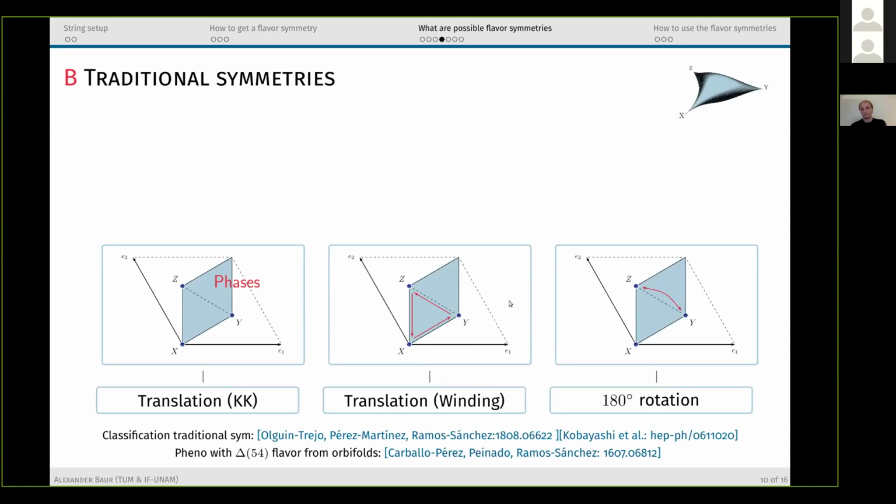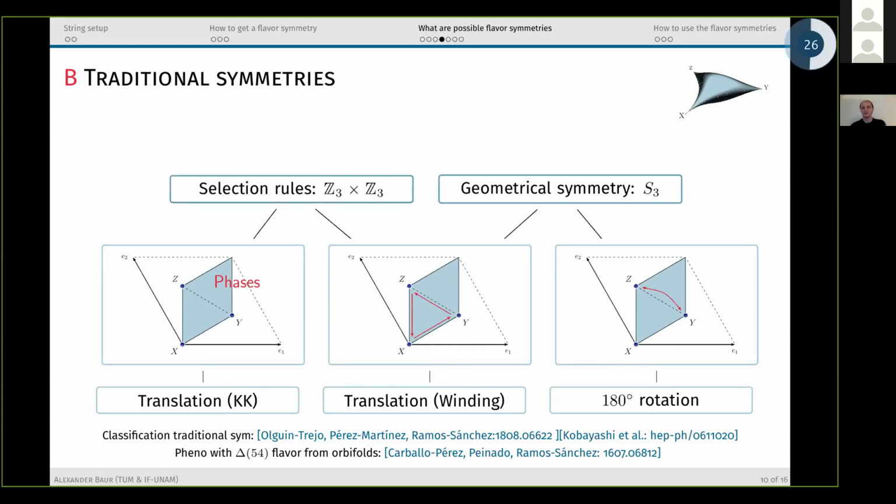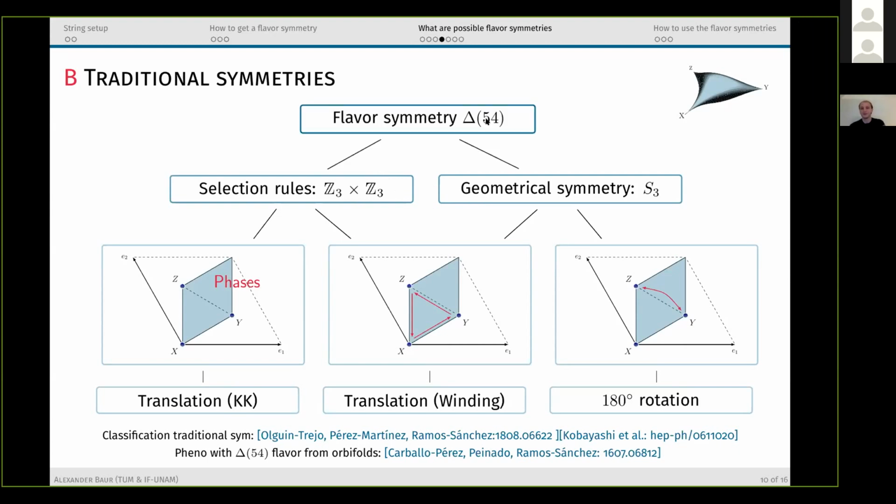So we see that those two, for example, give rise to an S3. We will call it a geometrical symmetry, and we can interpret those as the string selection rules. And the multiplicative closure of those two groups will then give you another group, which is called Delta(54). And this would then be the traditional flavor symmetry of our Z3 orbifold.